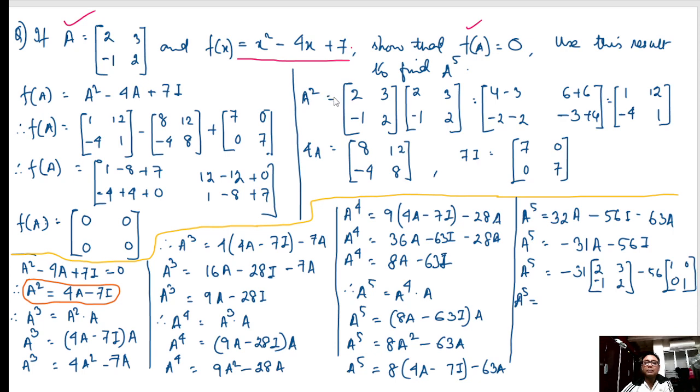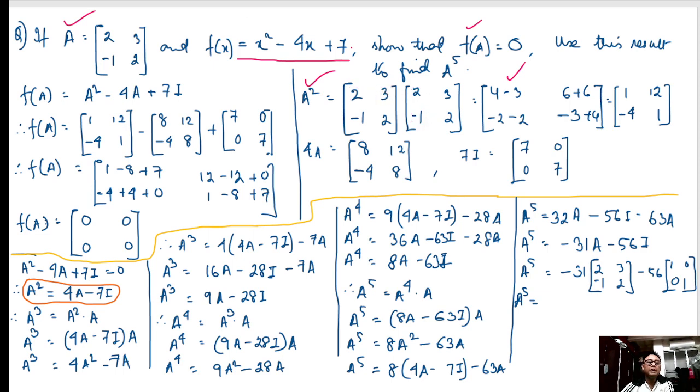So let's calculate A square. A into A. So how are we calculating it? 2 into 2 plus 3 into minus 1. So here we have done, that is 2 into 2, 4 minus 3. Clear? So now let us first erase it.